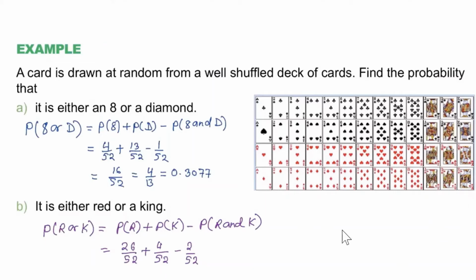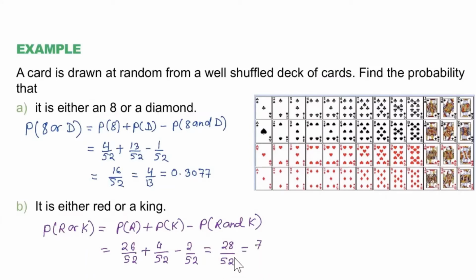Now let's simplify this and find out what we'll get. You have the common denominator, no doubt on that. 52 in the denominator. In the numerator, you have 26 plus 4, which is 30. 30 minus 2 is 28. Now you can reduce this. You can divide this by 4 and you'll get 7.